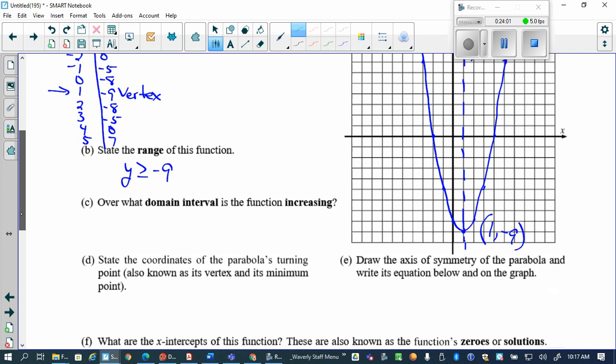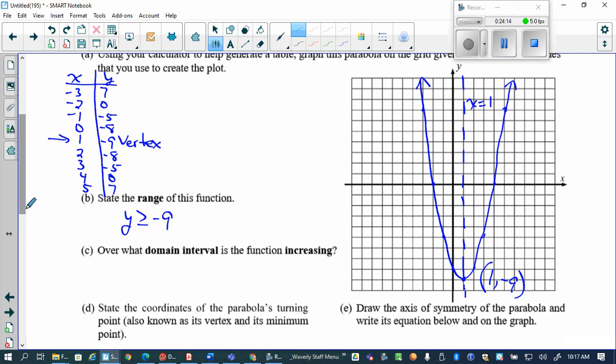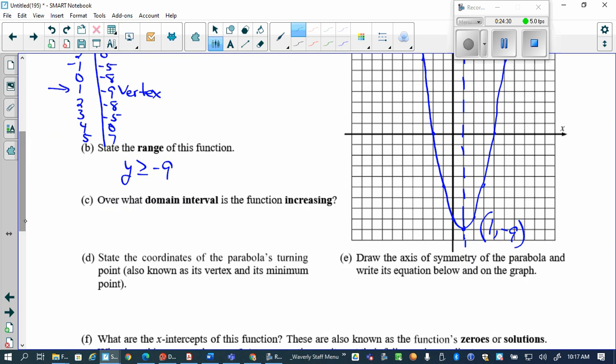Okay, now look at part C. What is the domain? The x values over which it's increasing. Well, where does it start increasing? At what x value? 1. So 1 to infinity, it increases, right? In other words, x greater than 1. Why am I not going to use equal to?